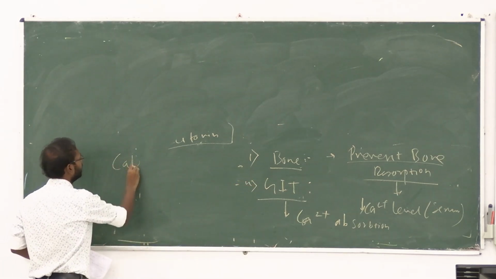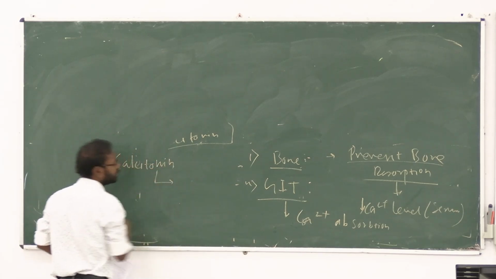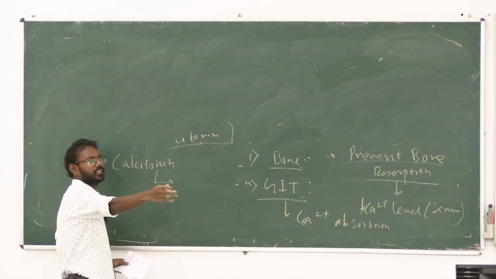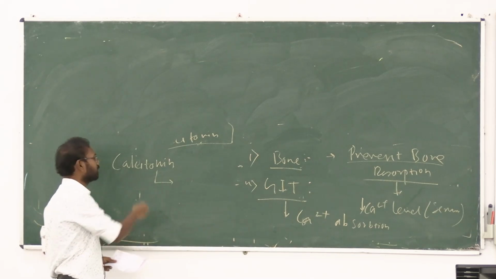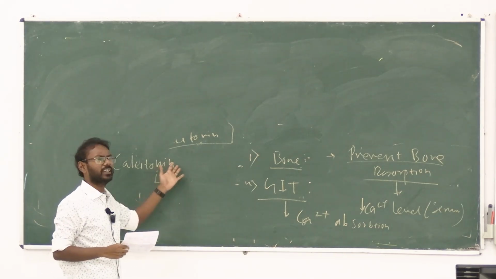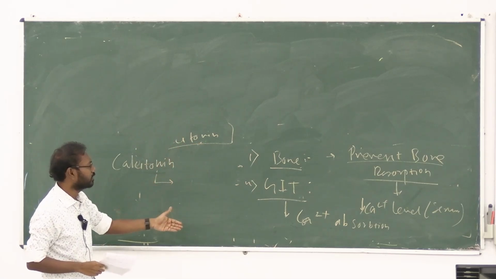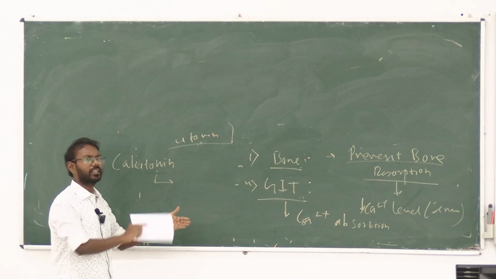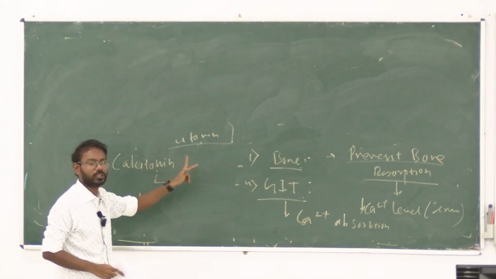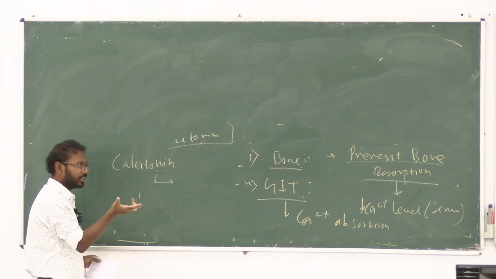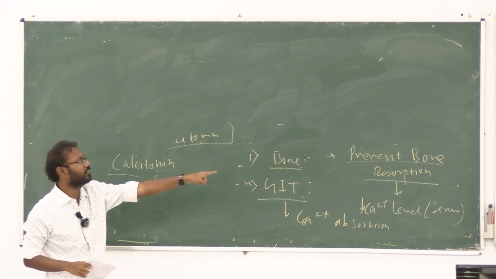So an MCQ may come: which is the bone friendly substance? They may give you calcium, calcitonin, phosphate, and vitamin D. I bet not one person will think of calcitonin as the first option. Everyone will think either vitamin D or calcium. Those are bone friendly, but calcitonin is actively called a bone friendly substance because it prevents bone resorption.